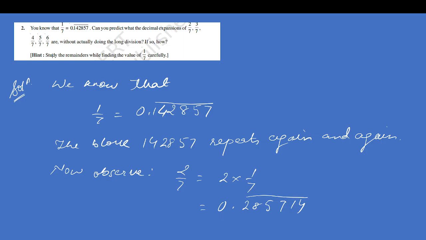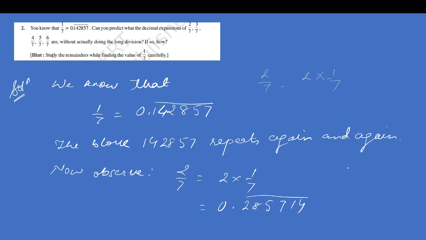Now you know that 1 by 7 is equal to this. Can you predict the decimal expansion of 2 by 7 and 3 by 7? Simply multiply. 2 by 7 is 2 times 1 by 7. Without actually doing the long division, simply multiply the value.